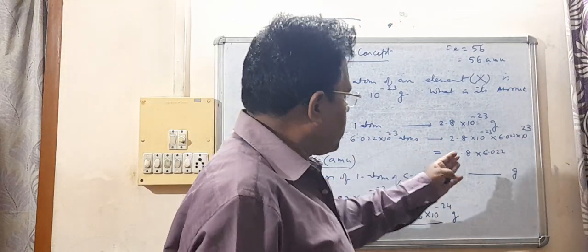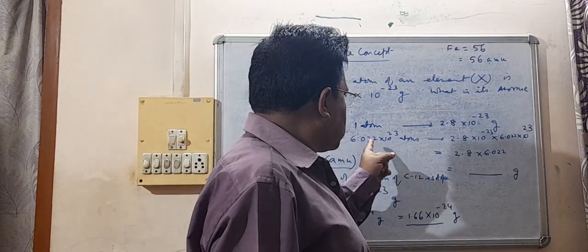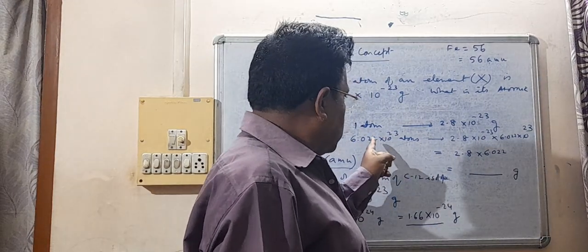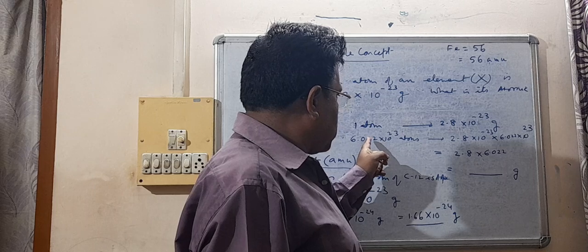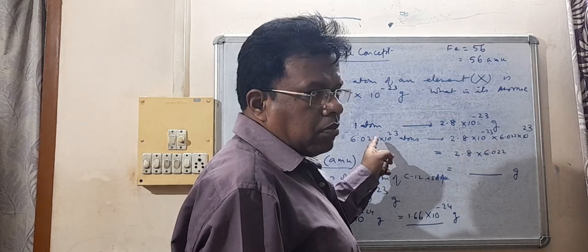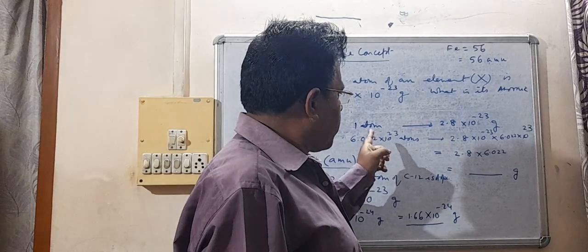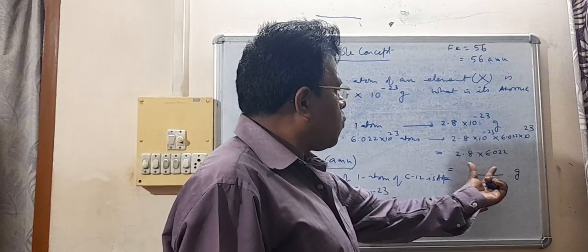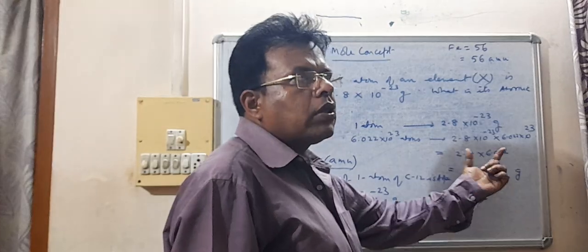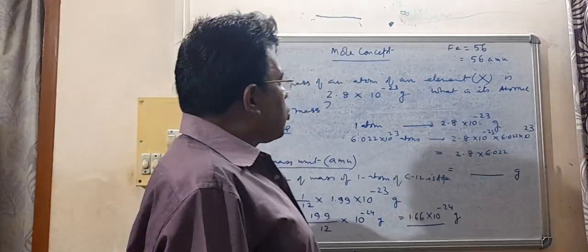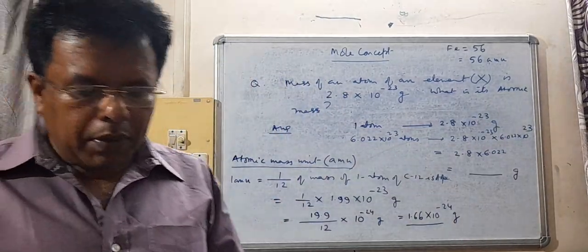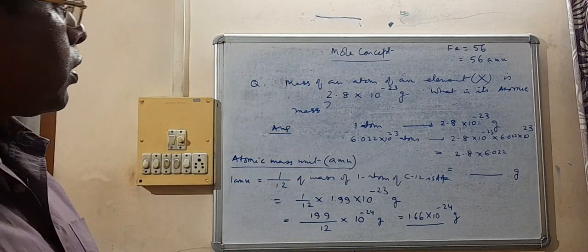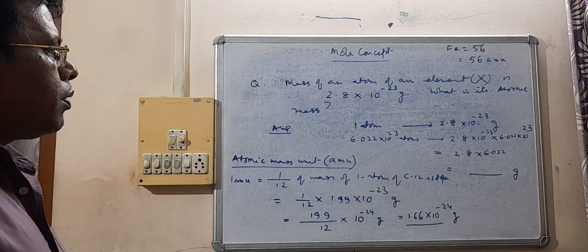And since this much is gram atom, this much is 1 mole. So whatever you get here on multiplying, that will be the atomic mass of the element.